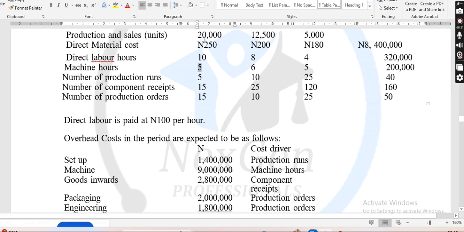How many units did you produce? 5 times 20. You will use 6 hours to produce 1 unit. How many units did you produce? 12,500. 6 times 12,500 will give you the total hours you use to produce 12,500 units. You now add all the hours together, you will see that you will have 200.